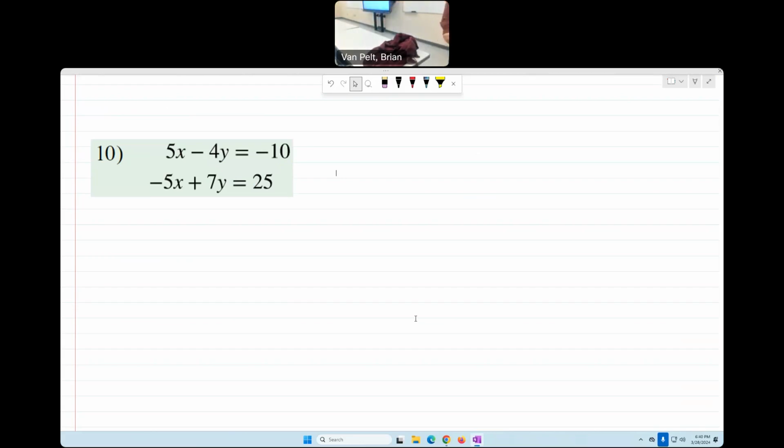Notice on this problem that you can eliminate the x's immediately just by adding the two equations together. It was already set up to eliminate the x, wasn't it? I don't have to do anything to get rid of the x's, so let me handle that case first.